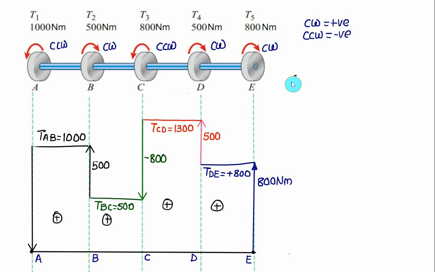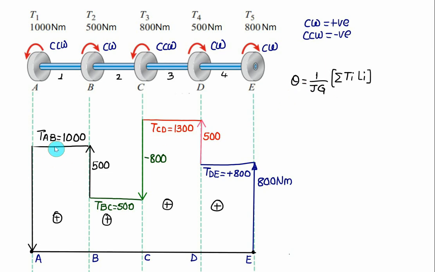Finally we can find the value of theta. Now it is a common shaft, so we can take out 1 by JG common and then simply write shaft 1, shaft 2, shaft 3, shaft 4. So it will simply be the summation of Ti Li, and your angle of twist can be obtained.